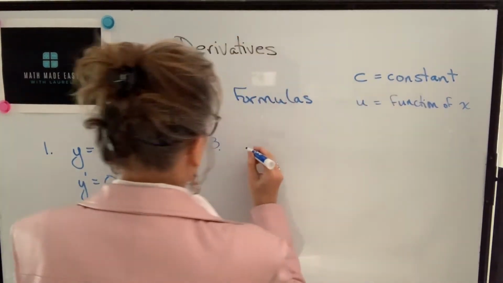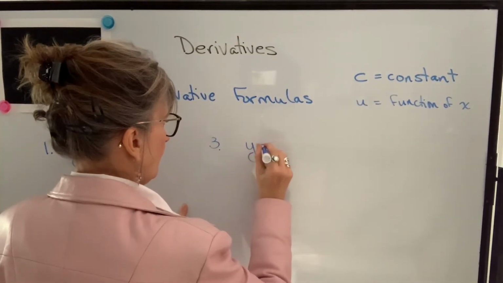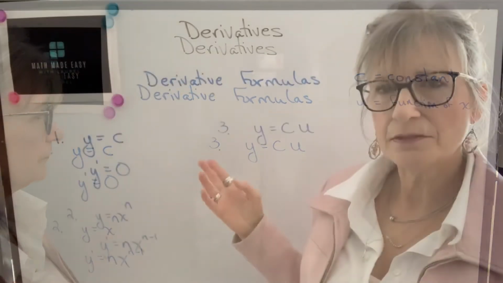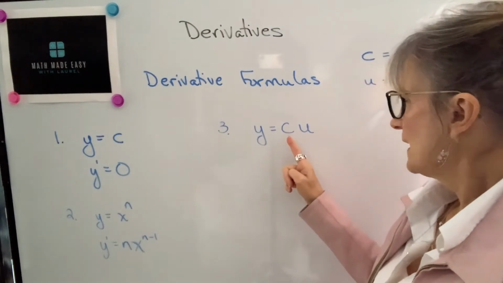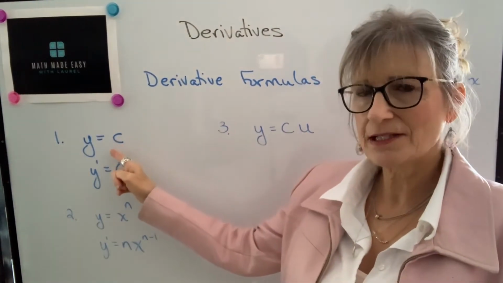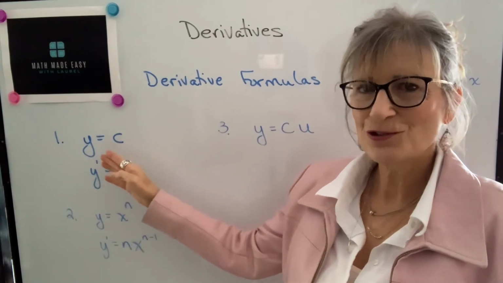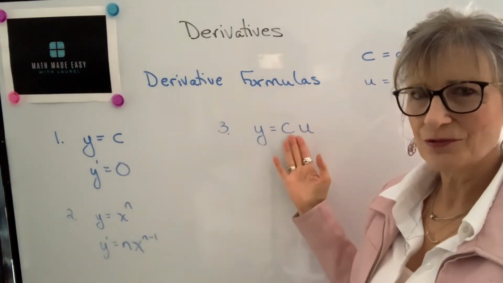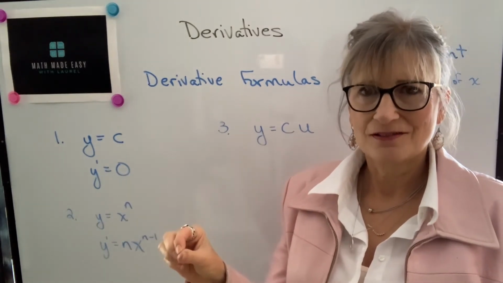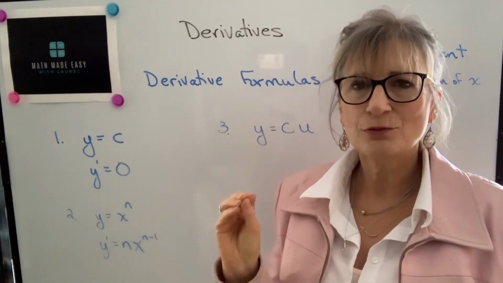So the rule says that if we have a constant times a function of x, I want to just make a point of saying that a constant times a function is very different than a constant by itself. A lot of students will see a constant and think the derivative is 0. Only if the function itself is a constant value is that derivative 0.